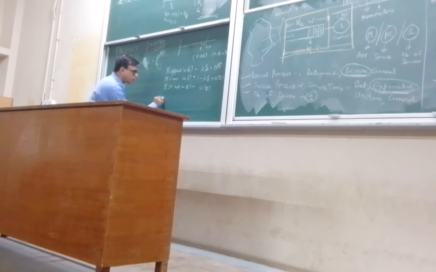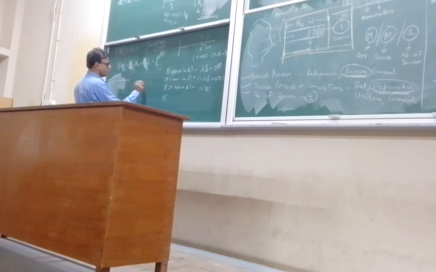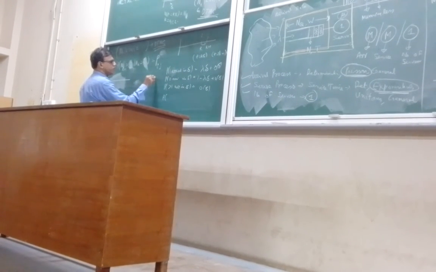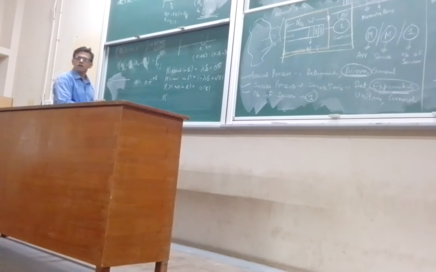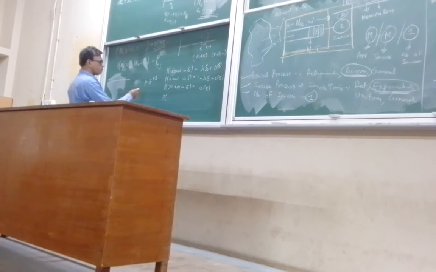So, if you look at the service, what is the service? It is exponentially distributed. The probability density is mu e power of minus mu t, so for a duration delta it is mu delta.